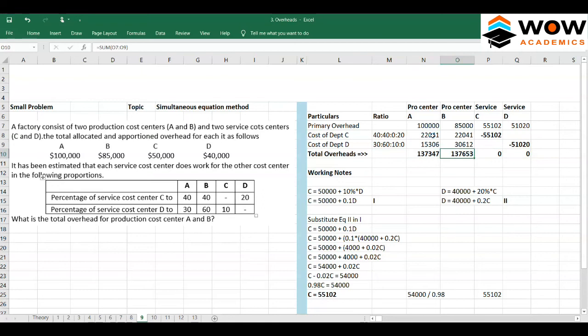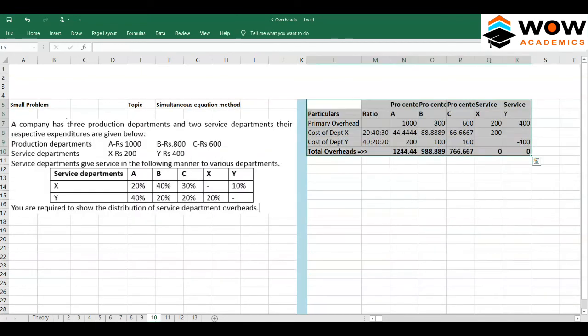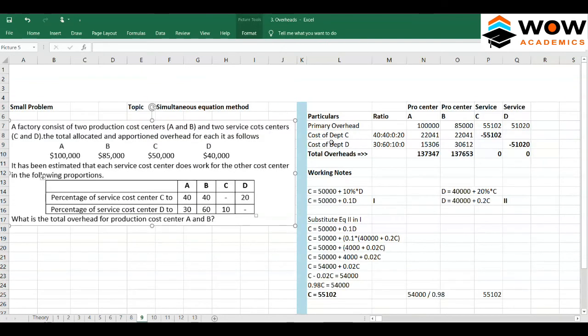We'll do one more sum in the reciprocal method. Sorry, in the equation method, we'll do one more sum.